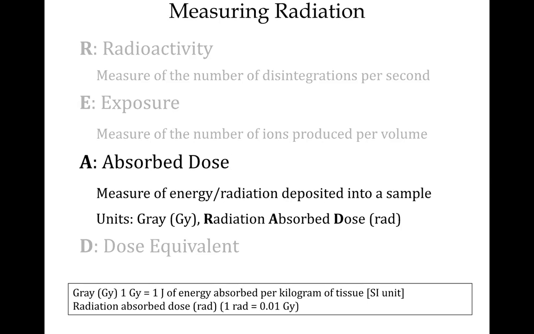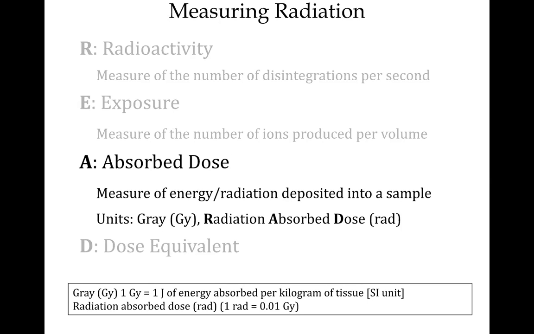And the units we use for that are grays or rads, for radiation absorbed dose. Okay, and a gray is going to be 1 joule of energy, because radiation is energy, right?